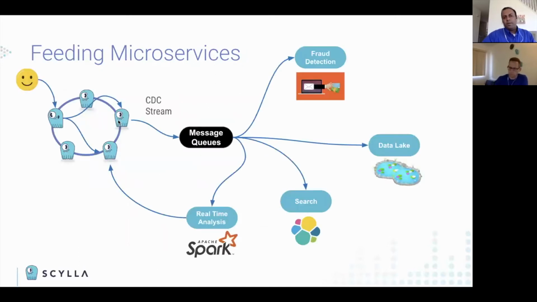So the most common use case is when you are feeding or propagating events from one particular microservice, which is backed by a particular bounded context and a particular database. The data goes into, let's say, Scylla in this example, and then typically is propagated to a message queuing system.